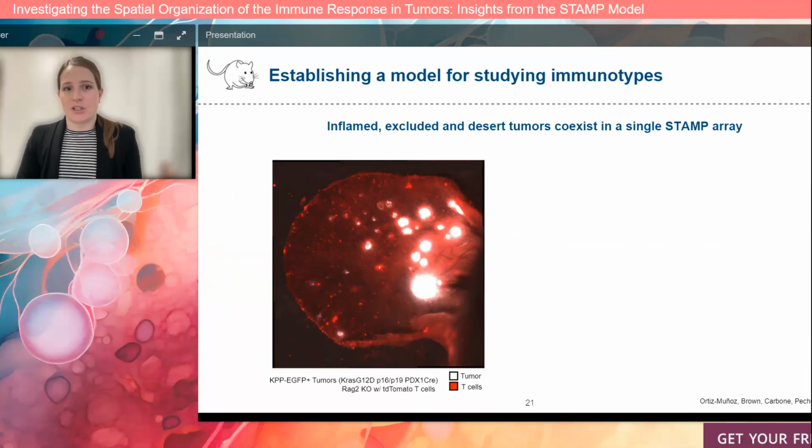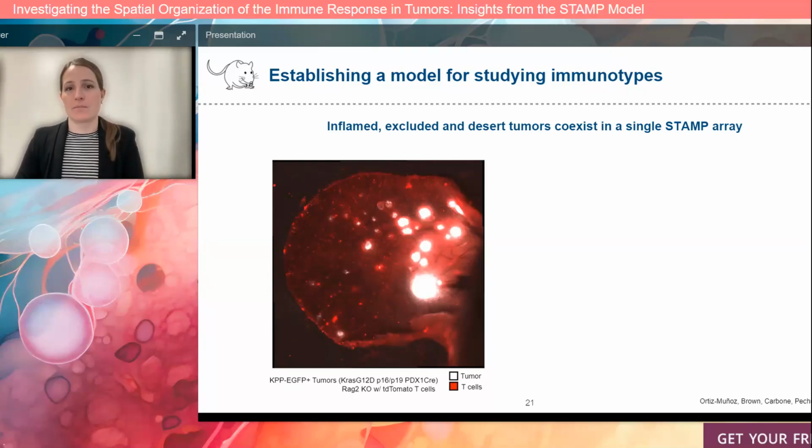So this is an example of some of the data we can produce with the system. Here we've implanted an array of tumor cells from a pancreatic GEM model, or genetically engineered mouse model. This is our workhorse cell line with STAMP. It's a KRAS G12D, P16, P19 mutant cell line. You can see that these tumors, which are shown in white, all grow in an array.